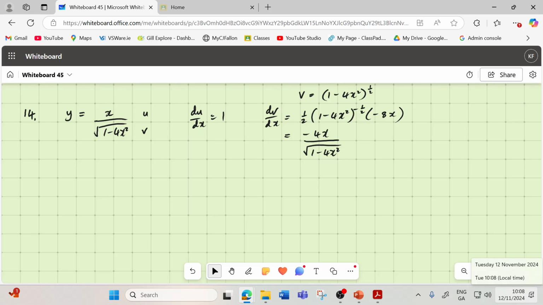And now we use the quotient formula. So dy/dx equals (v du/dx minus u dv/dx) over v squared.